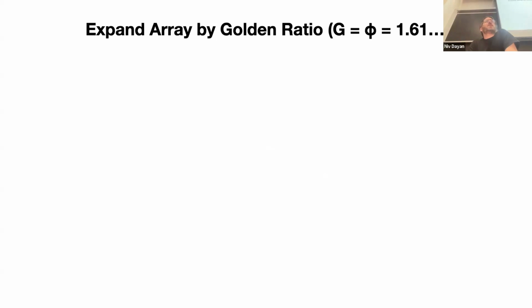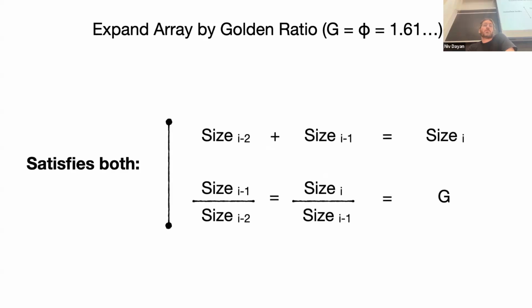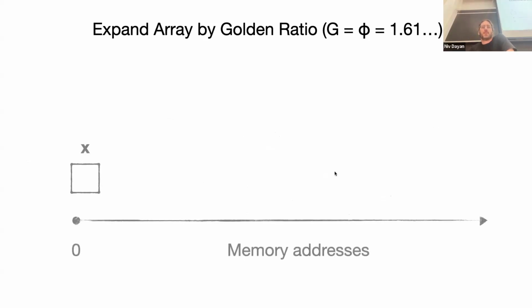Okay. So what happens if we expand the array by the golden ratio? Well, the golden ratio allows us to satisfy both of these requirements. So let's see what this looks like. Suppose I'm starting with this first array. I'm now going to expand it by the golden ratio. I can't reuse the space immediately by assumption, right?